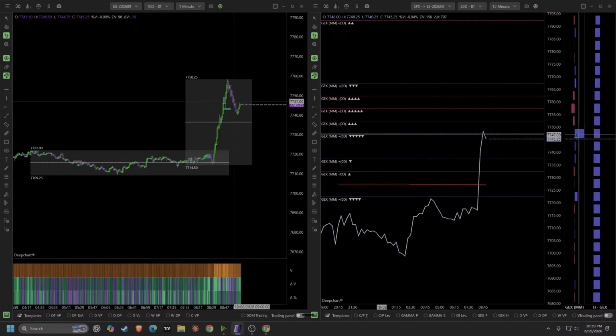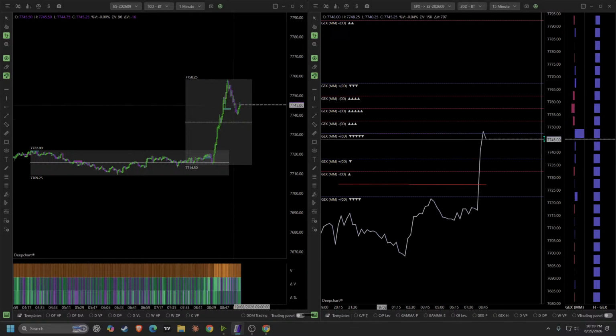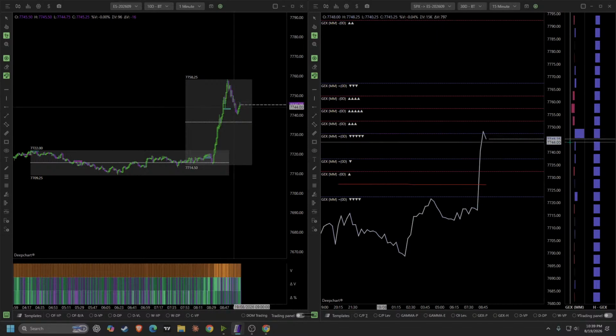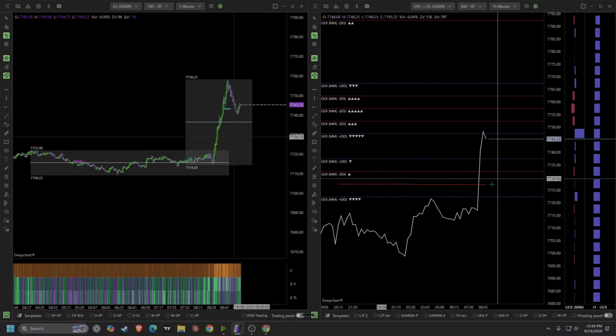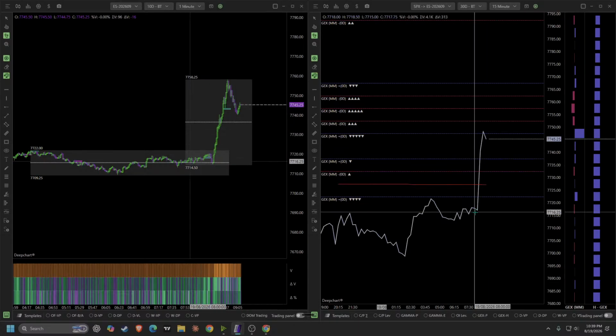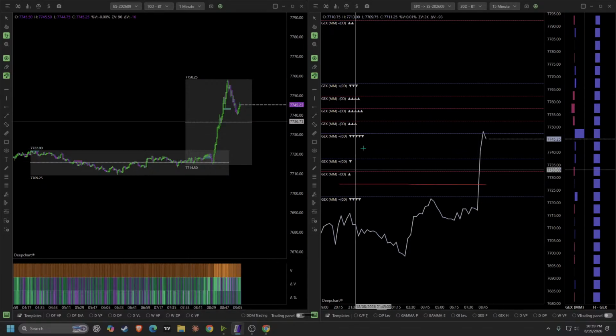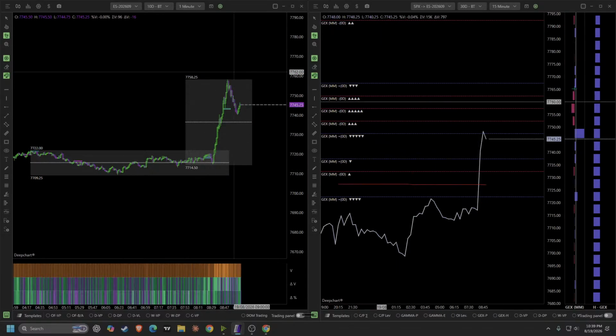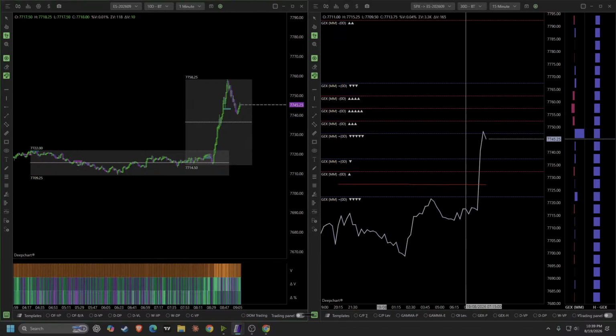Market makers overnight had positive exposure at this level. Lots of it. It's just interesting, so just keep that in mind. These levels will change dynamically as the exposures change on the right side.